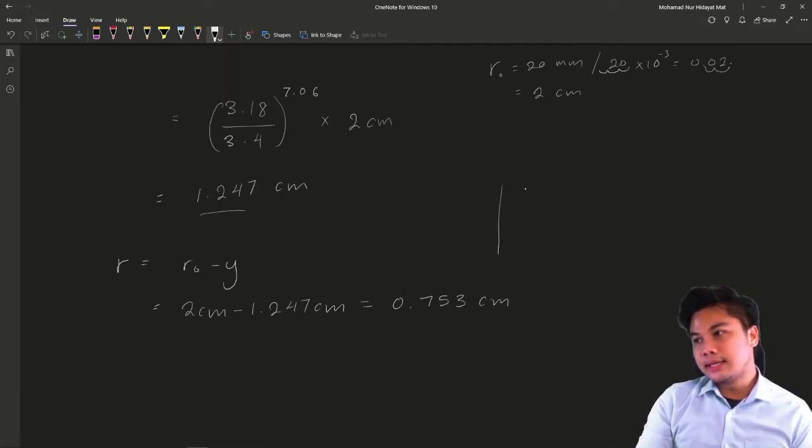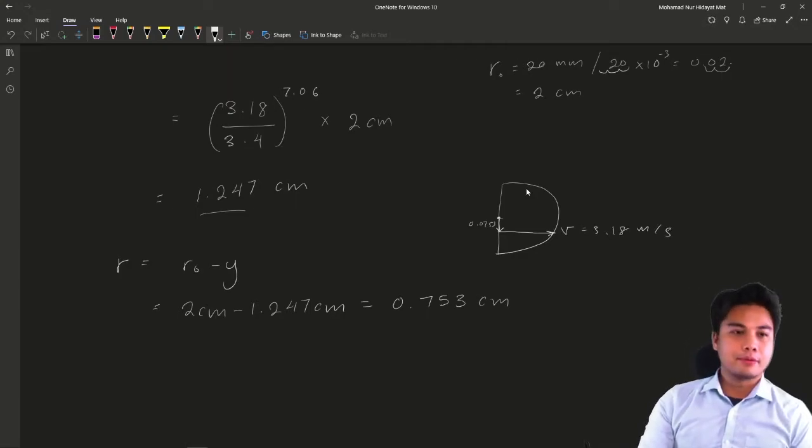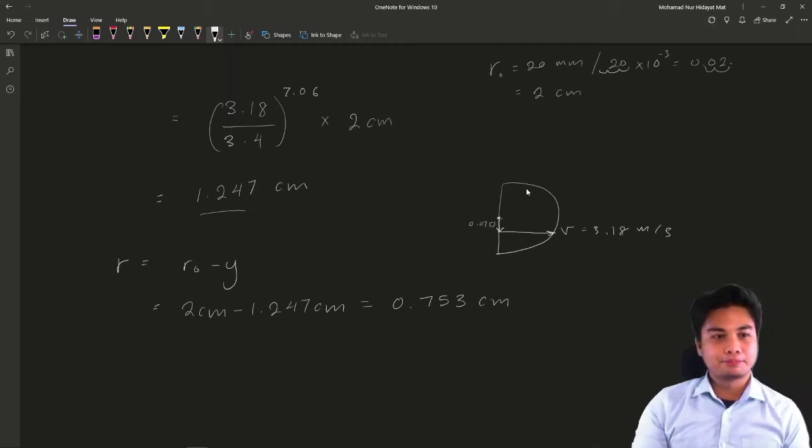So in this case, this is the center. In this radial position, 0.0753, this will reflect the average velocity, which is 3.18 meter per second. Different radial positions will have different corresponding velocities.